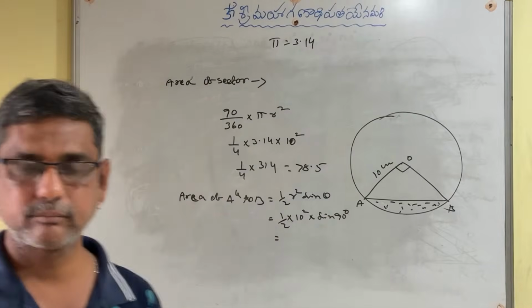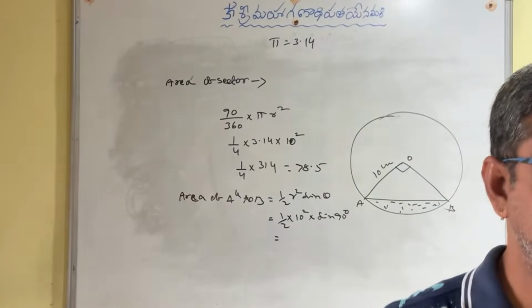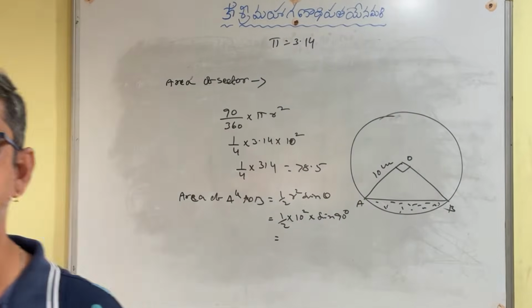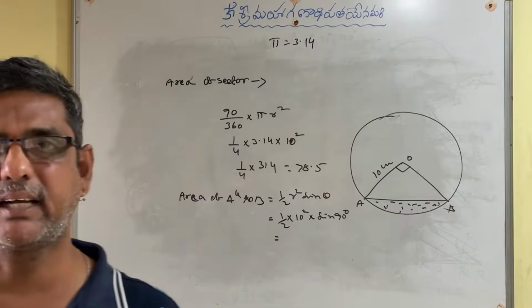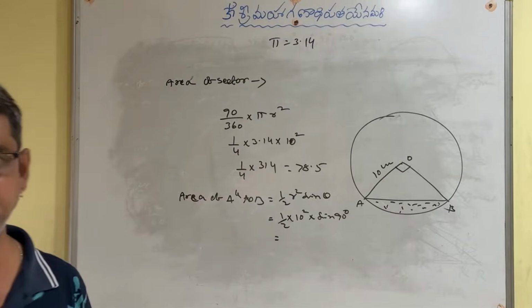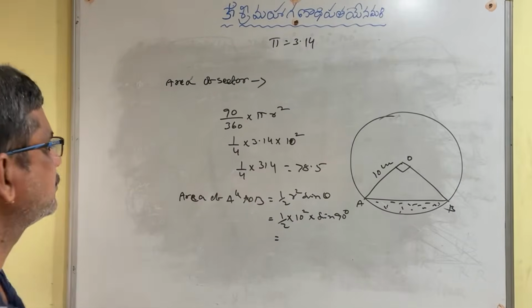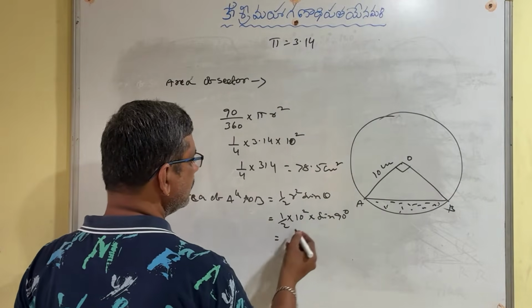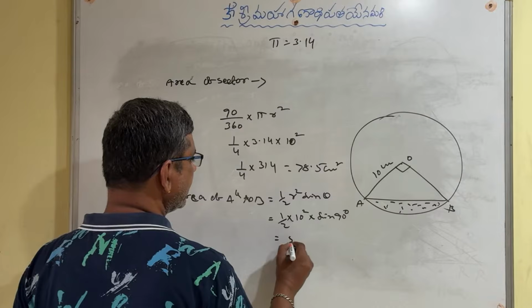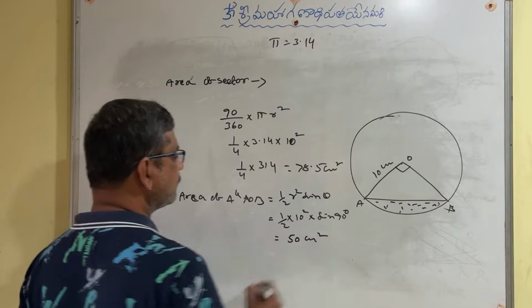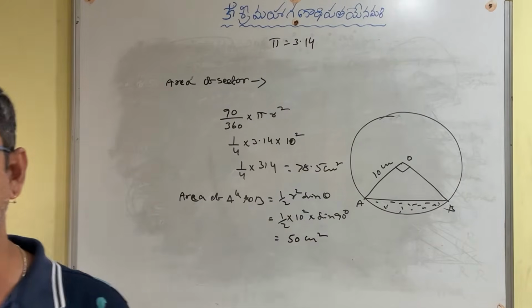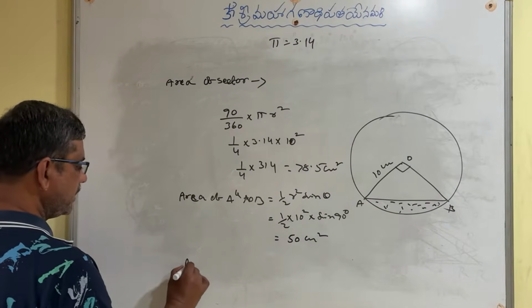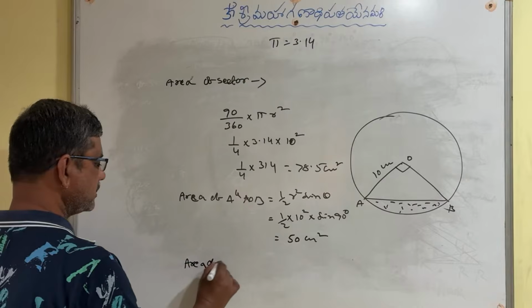The area of the sector is 78.5 centimeter square. And here we can clearly say the triangle area is 50 centimeter square.